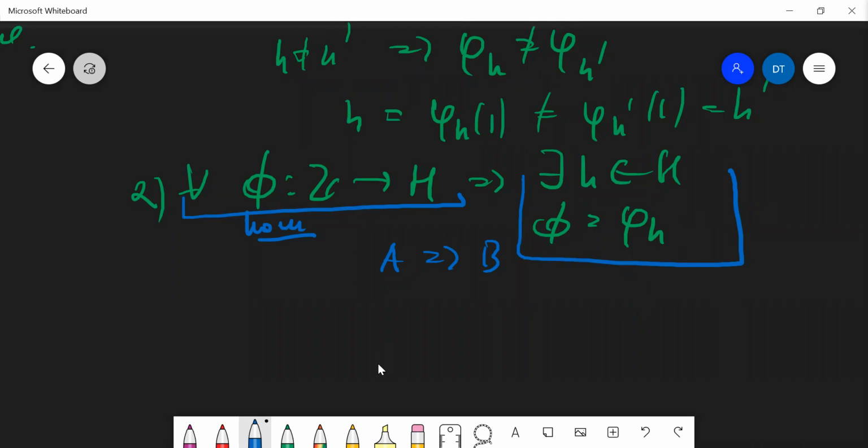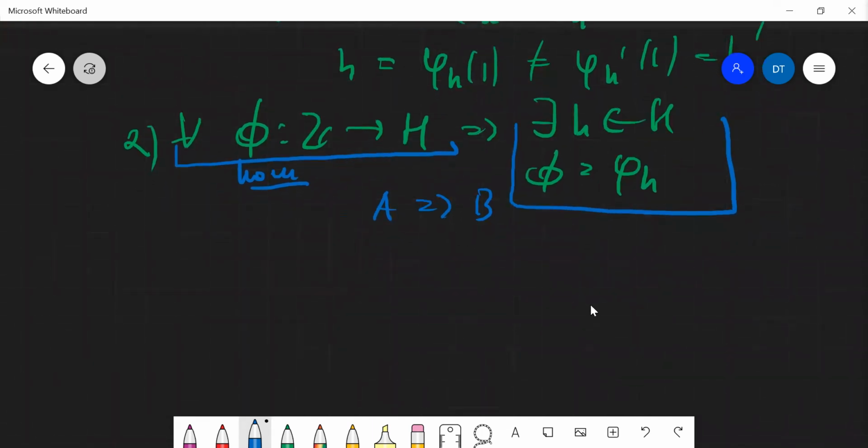If we prove this, it simply means that all the homomorphisms have this form phi of h. Now I can just tell you this element explicitly. Let's define h to be phi of 1. Why? That's a different question, but let's try this approach.